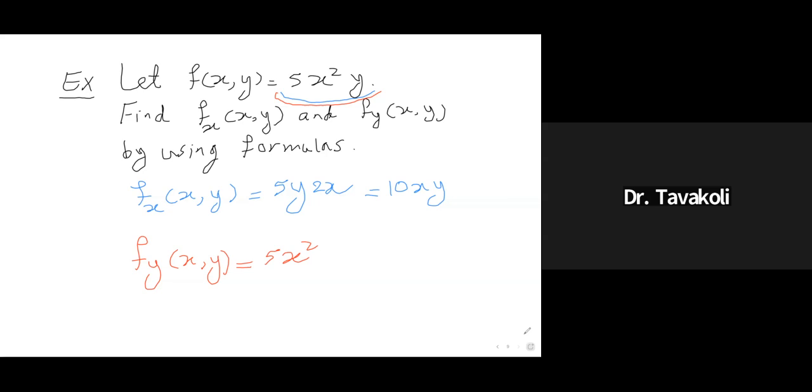Before seeing more examples, let me mention the other notation that is used for showing partial derivatives. There are several notations, but this is another helpful one. Suppose I have a function, z is a function of x and y.